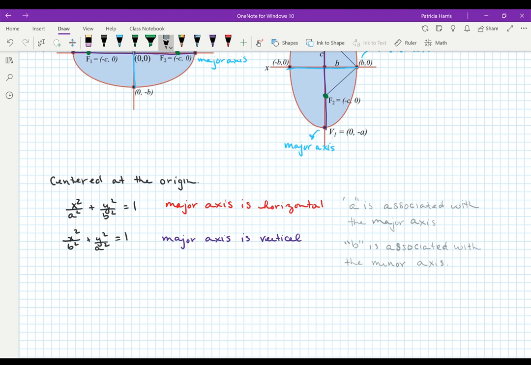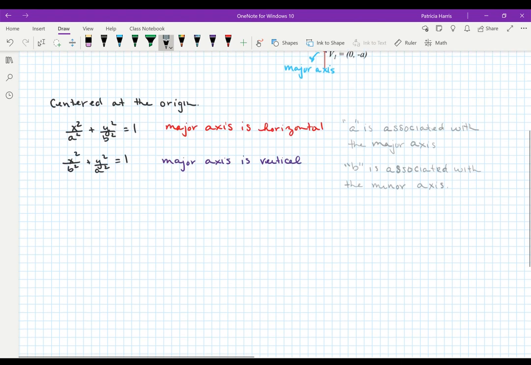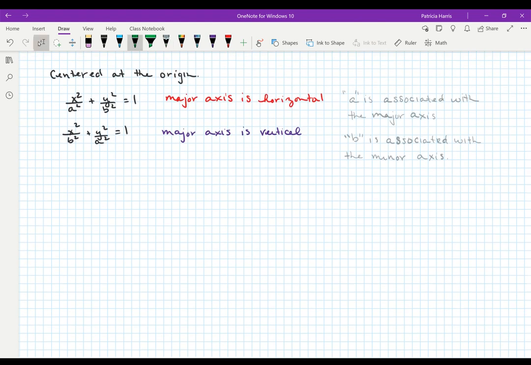So let's talk about how we get to know how long that major axis is, how long the minor axis is. Basically, all the information you need is contained in the equation. So if we look at A, and we take the square root of it, that is going to be the distance from center to the endpoints of the major axis.